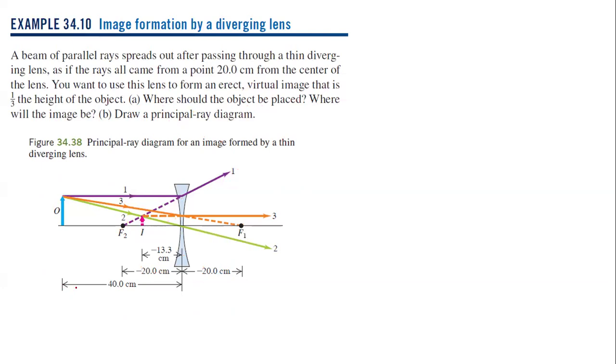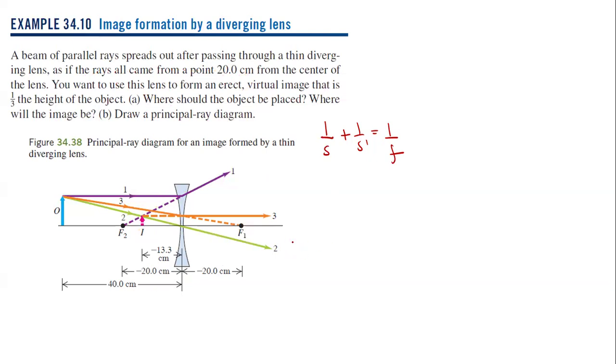From the graphical method, you should be able to find this, but using the computational method, 1 over s plus 1 over s prime is equal to 1 over f. So the focus here is 20 centimeters.